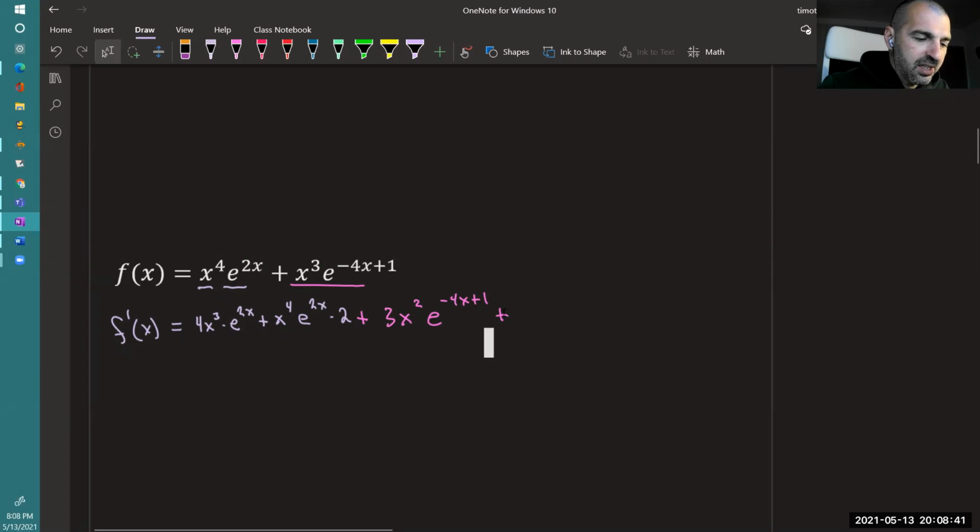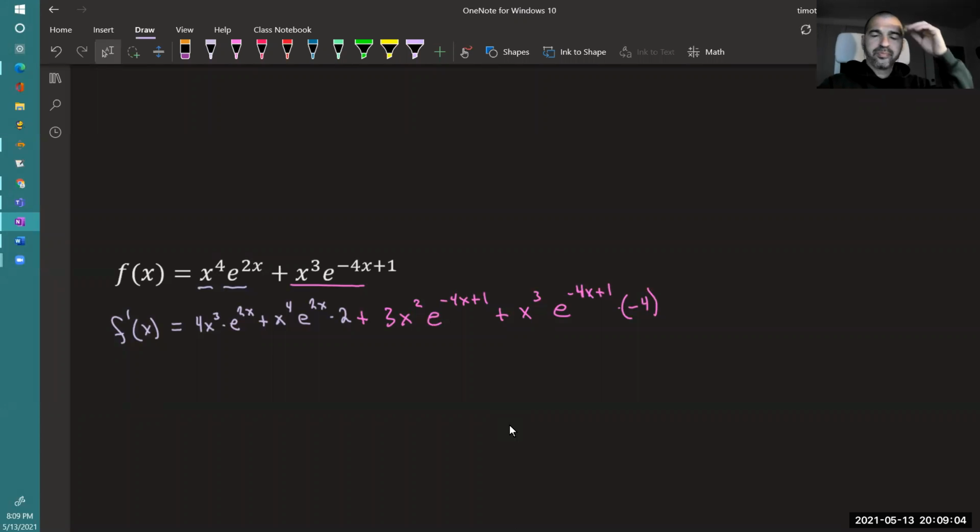Now I add x to the third, not differentiated, and then I multiply by the derivative of e to the negative 4x plus 1. So that's times, I guess it's just going to be a negative 4. And yeah, we leave it like that.